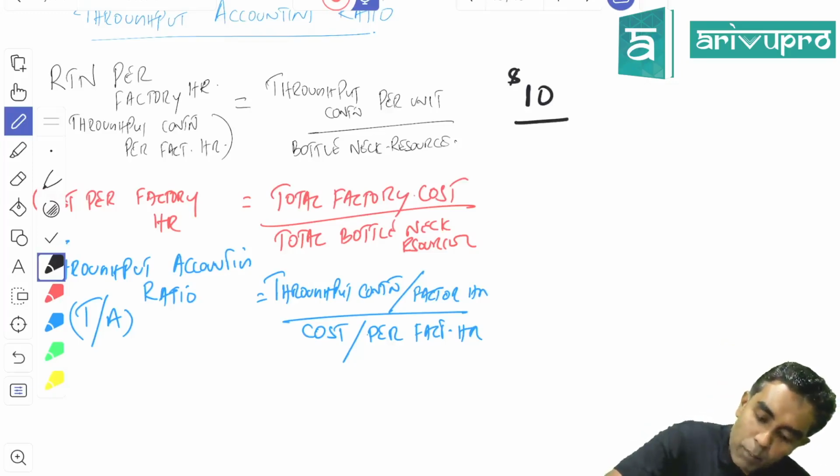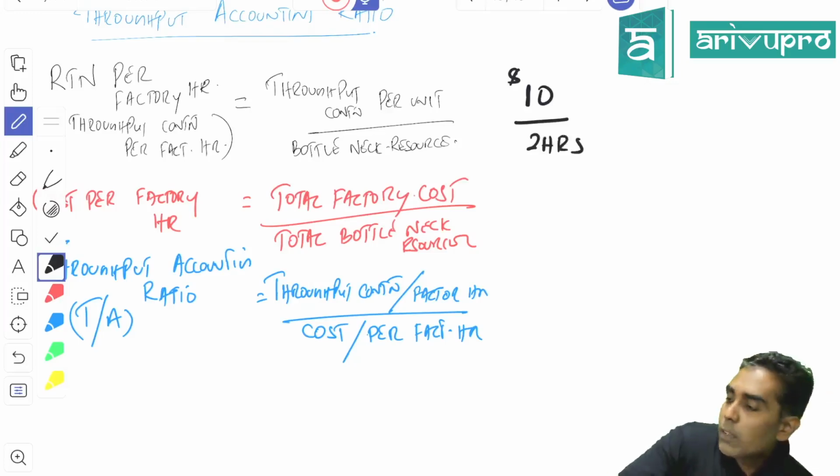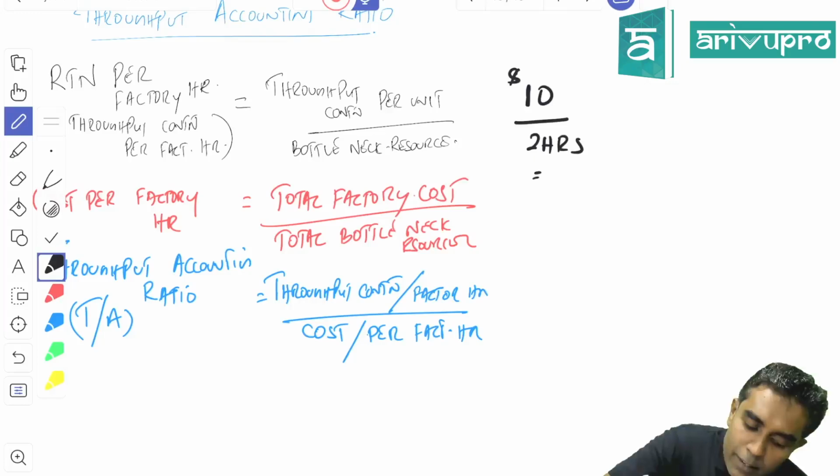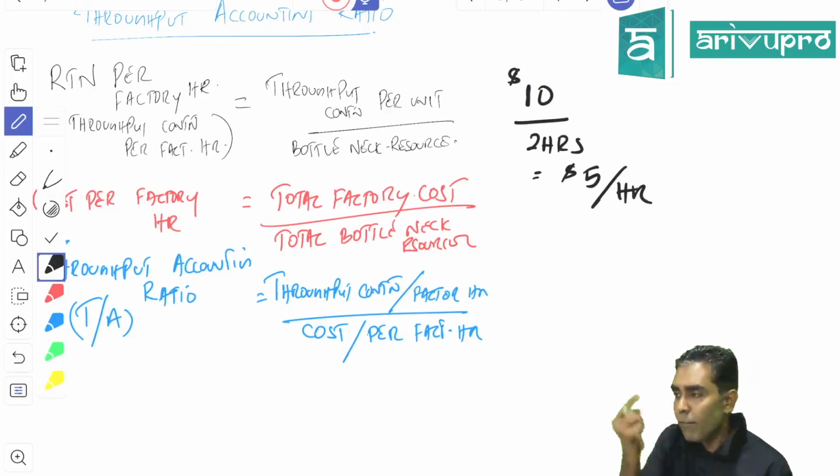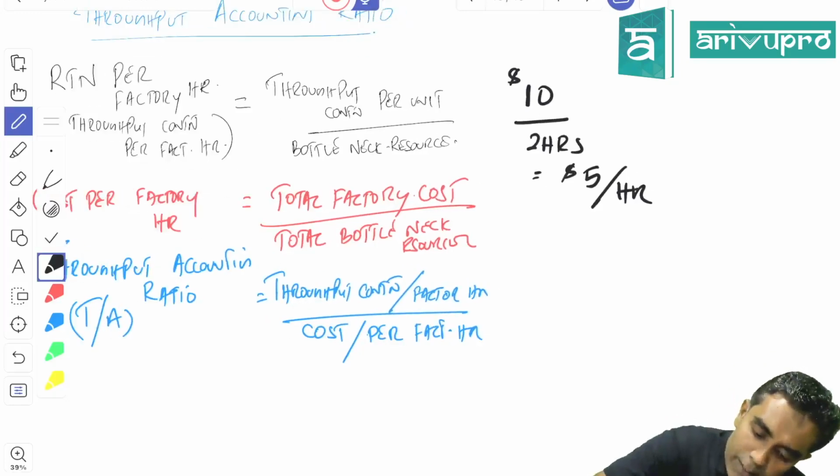Bottleneck resources, 2 hours. Then return per factory hour is $5 per hour. Do you agree? Every 1 hour, your throughput contribution is $5.